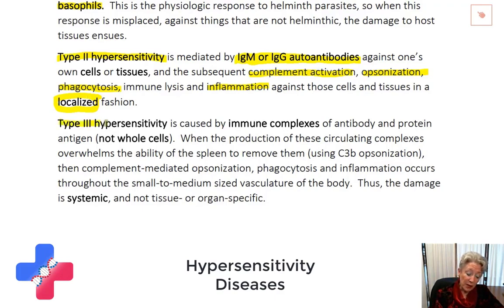My type 3 hypersensitivities are caused by immune complexes, so I can also call these immune complex hypersensitivities. But the distinction here is that the antibodies, which again may be M or G, are against proteins or components of cells, not a whole cell.